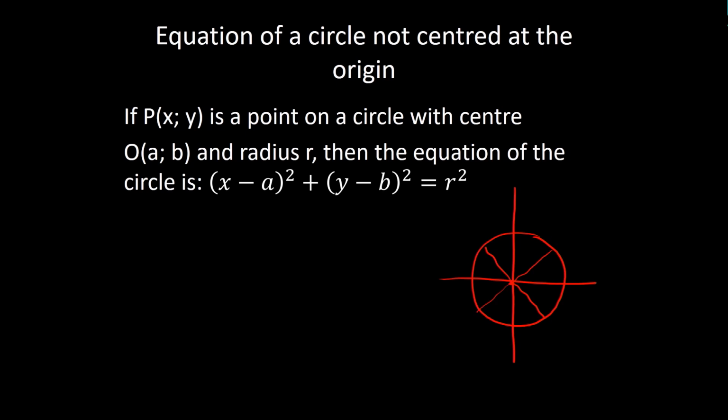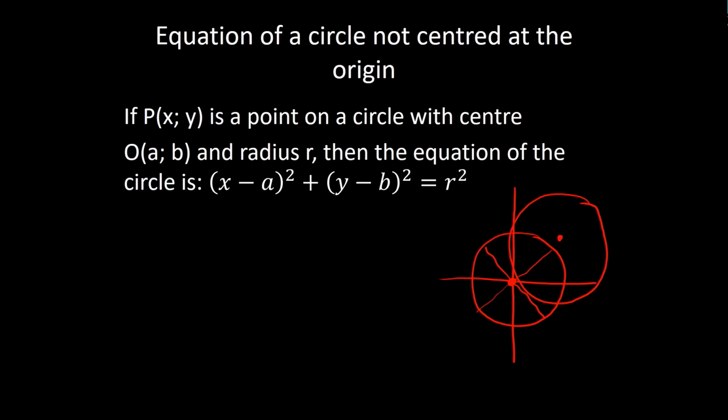So in grade 12, what we do is we take the circle and we move it off center. So no longer is the center going to be at 0, 0. Certainly it can be, but most of your questions will be based on a circle that's got its center somewhere else. So it still has all the properties of a circle, it's just the center that has moved.